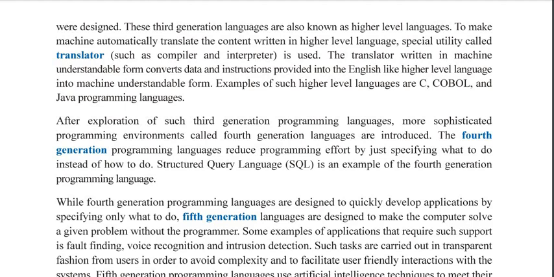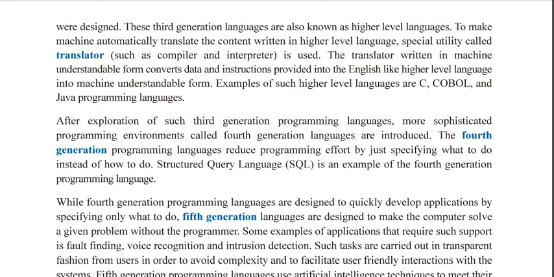After the exploration of third generation programming languages, a more sophisticated programming environment called the fourth generation language was introduced. This fourth generation language introduced a reduced form of programming. In the third generation, in C and COBOL, there is lots of programming, but in the fourth generation language there is less programming.